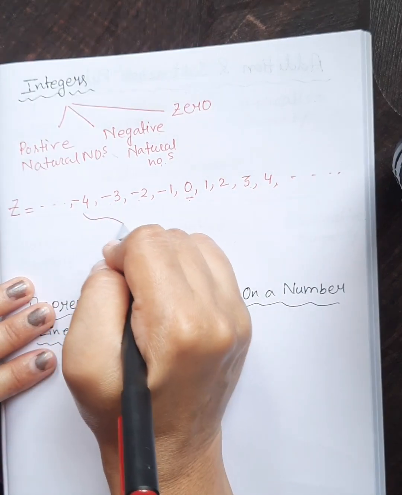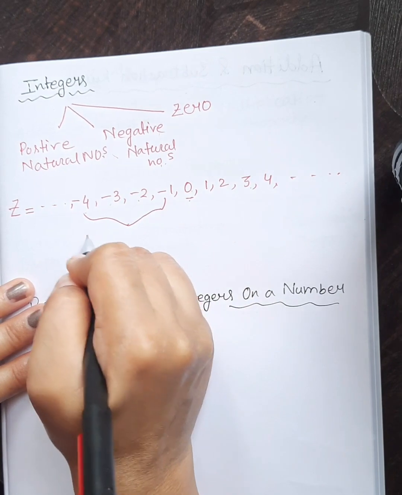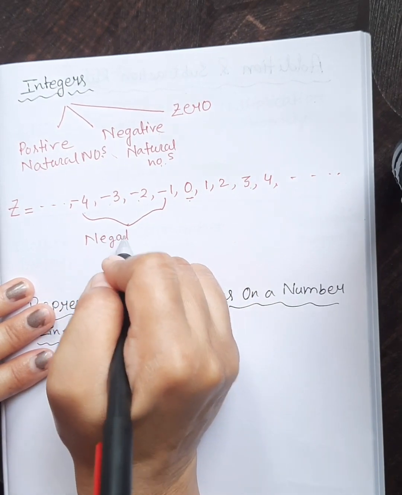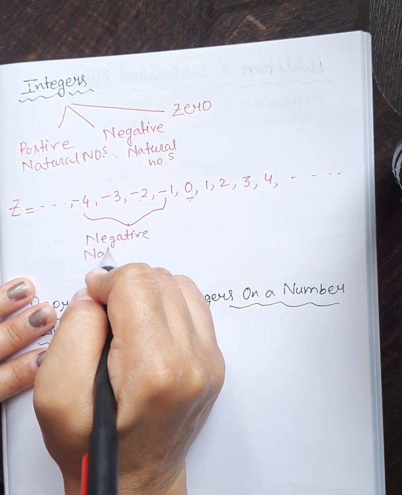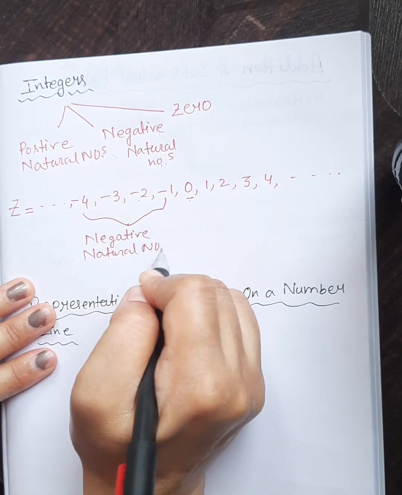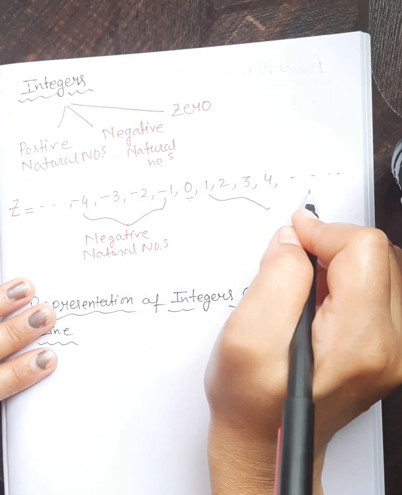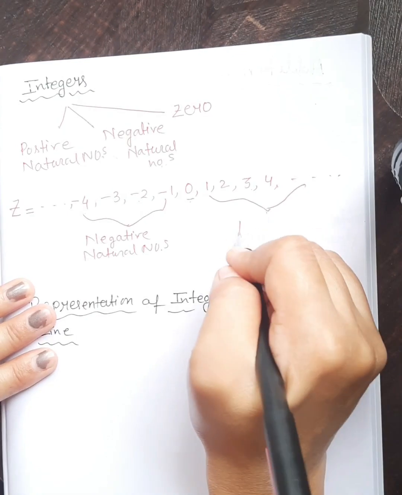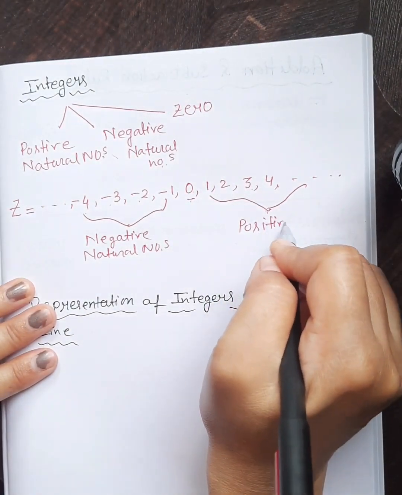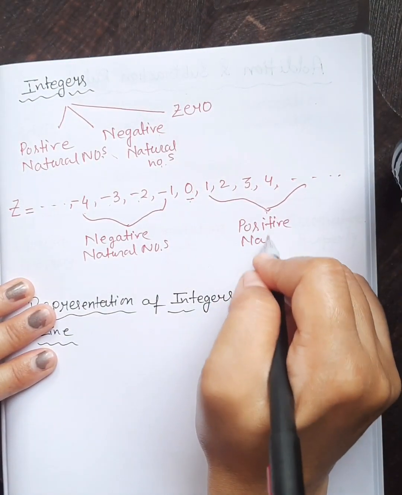That means these are the negative natural numbers and these are the positive natural numbers.